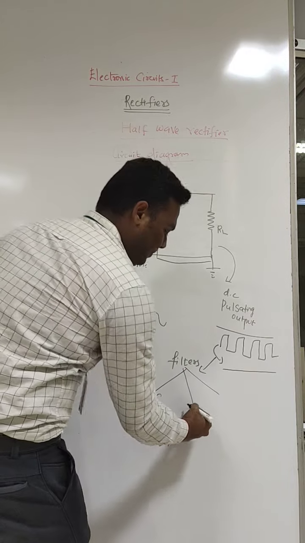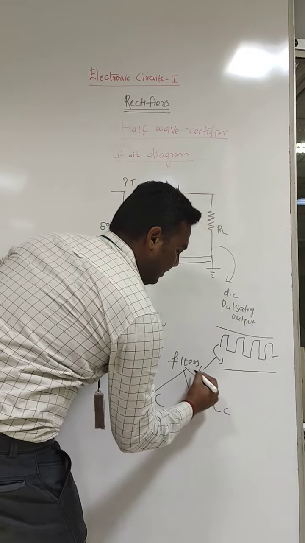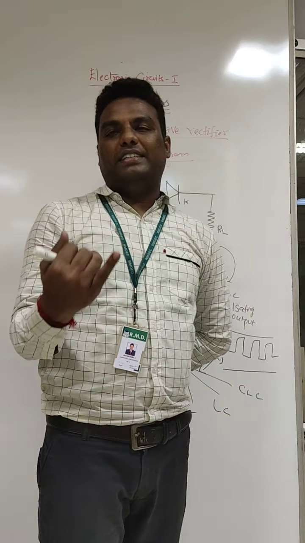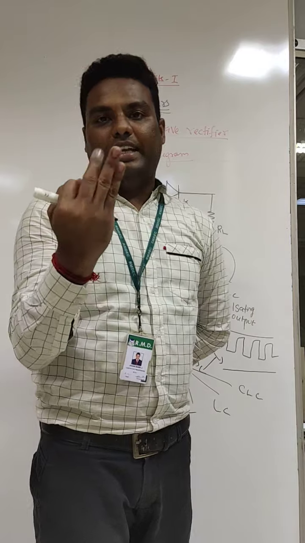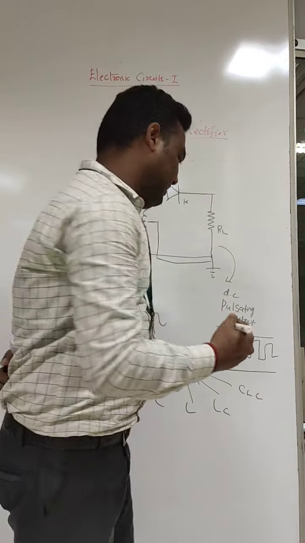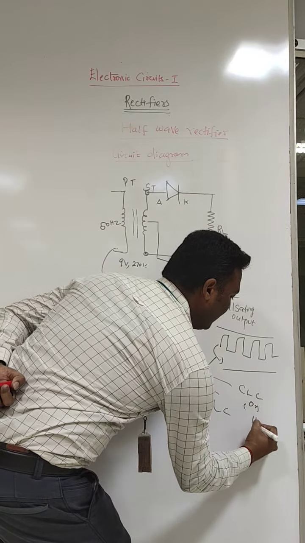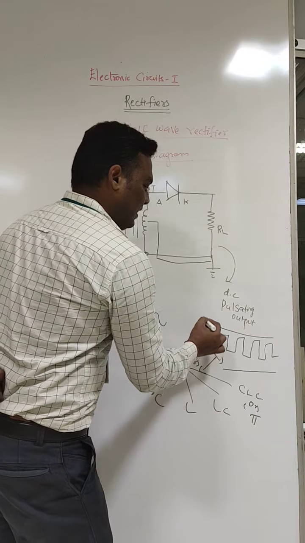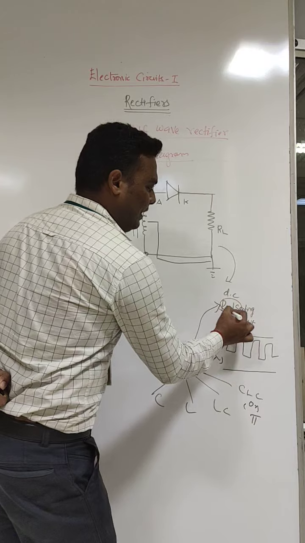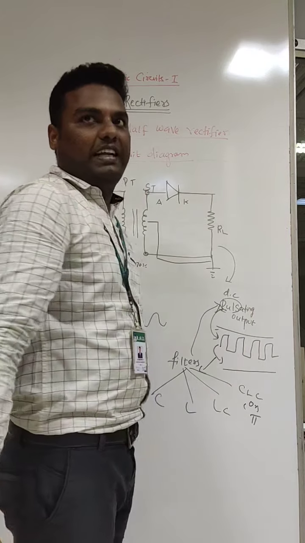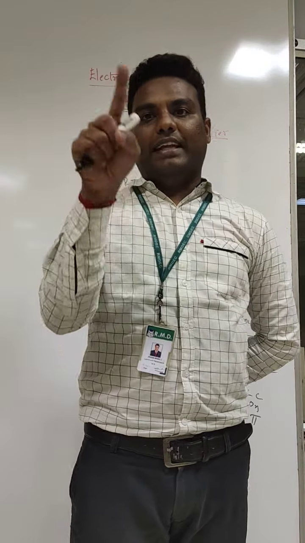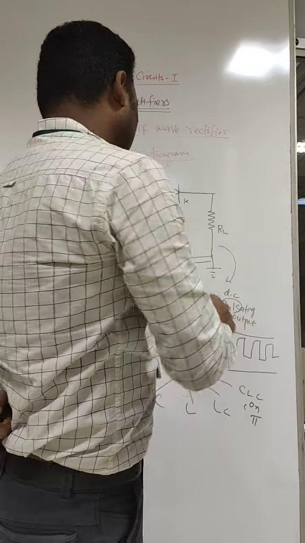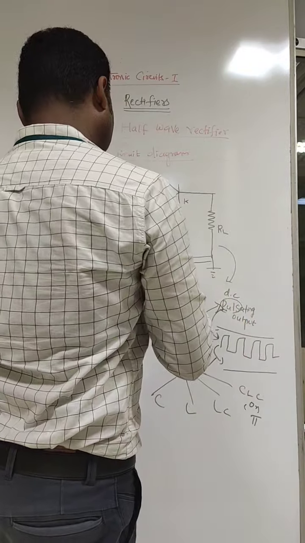C filter, L filter, LC filter, CLC filter. So there are 4 filters: C filter, L filter, LC filter, CLC filter. The CLC filter is also called the pi filter. Using this filter, the pulsating DC output is converted into a direct DC line.